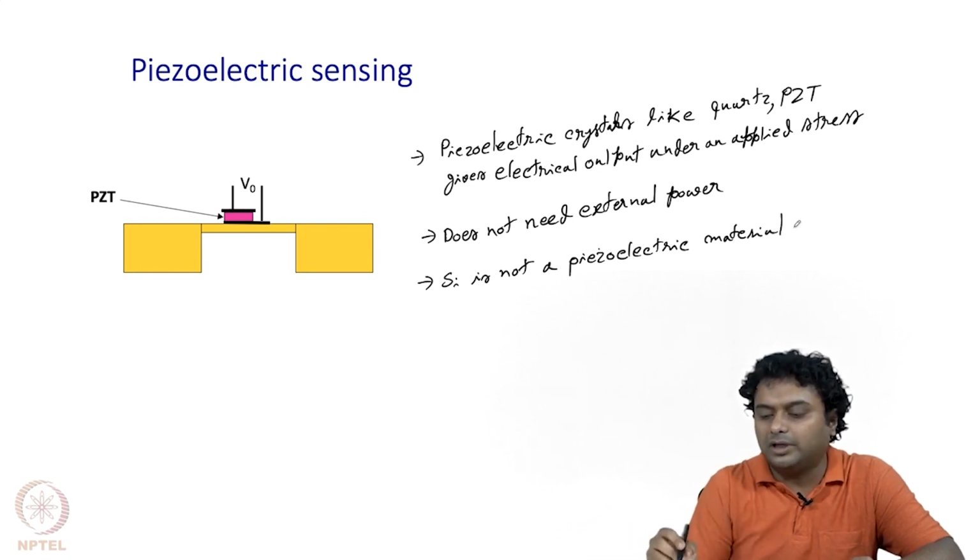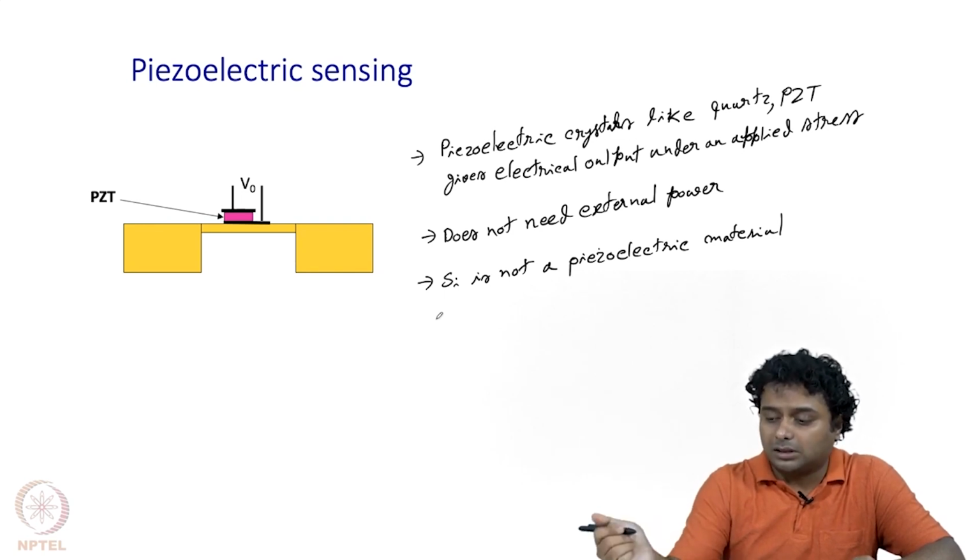So, what happens is we need to externally glue or deposit some PZT material on top of that, which is not very convenient all the time with microfabrication techniques. So, this is one of the disadvantages of this technique. Another is that static pressure measurement is difficult.